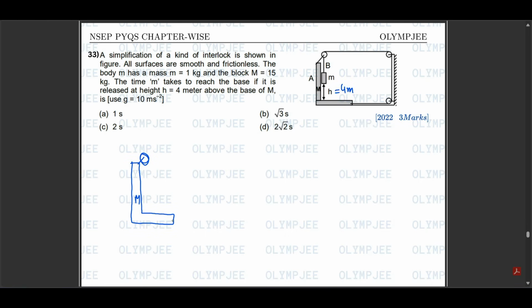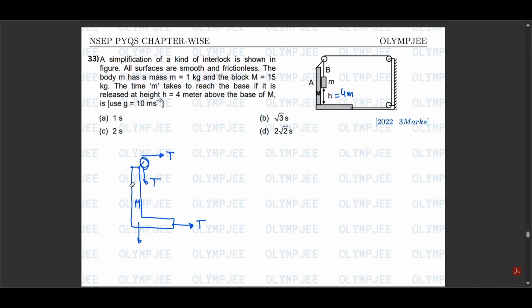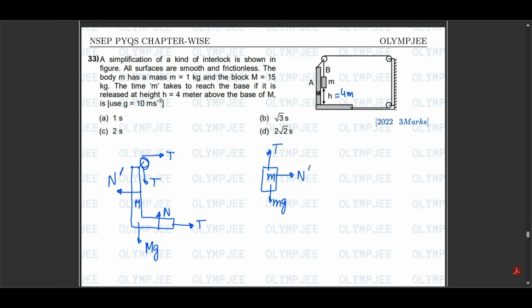So a tension is acting in this direction, tension is acting in this direction, and tension is also acting in this direction, and it has capital Mg downwards, and normal due to the ground, and a normal will be here also because these two blocks are in contact. So N dash in this direction, and for small m, mg will be in this direction, tension will be in this direction, and N dash will be in this direction.